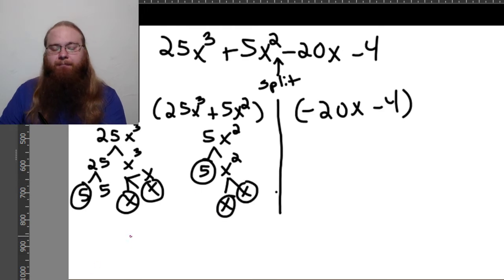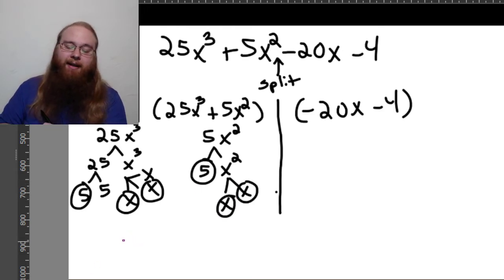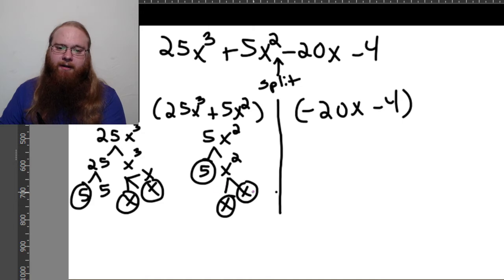Now, something I should have mentioned in the last two videos about factoring out GCFs and finding GCFs: if you factor all of the factors out of something, you're going to be left with a 1. So our GCF this time is 5x squared, and what's left is going to be a 5 and an x.